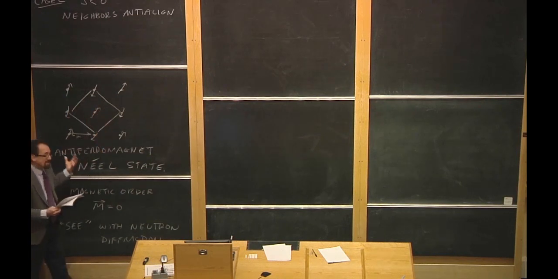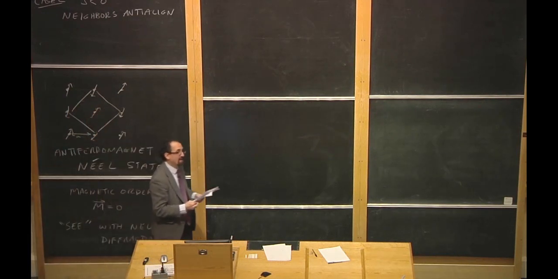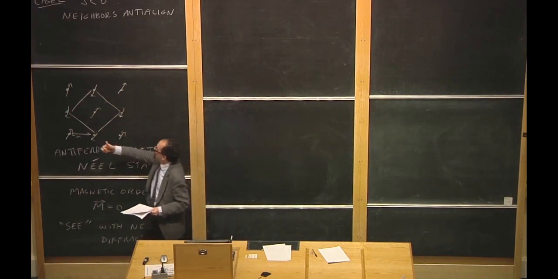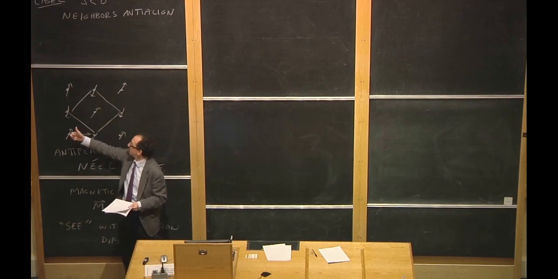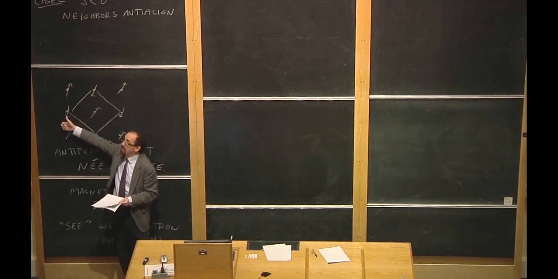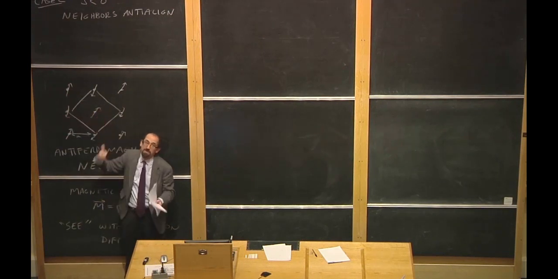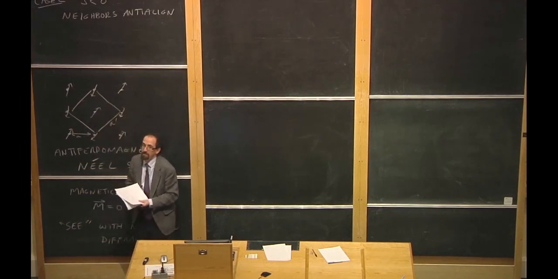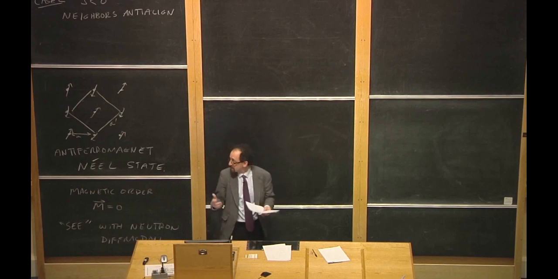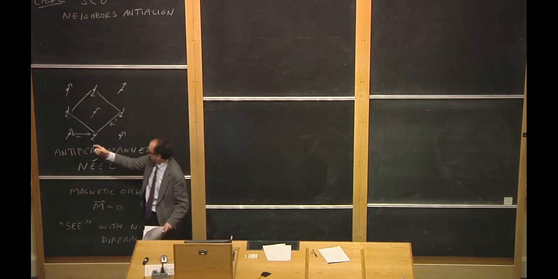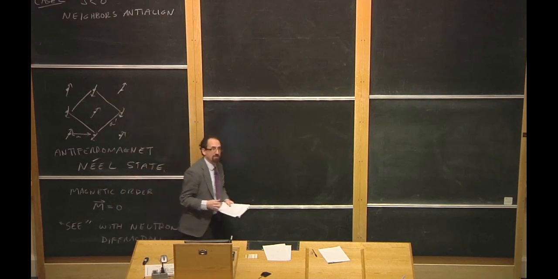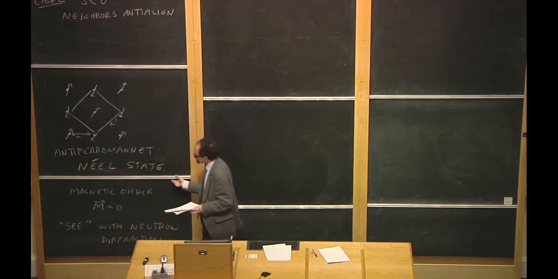And the reason that neutrons see an up spin as being different from a down spin is the neutrons themselves have spin, and if the neutron coming in is spin up, it will interact differently with this atom than with this atom because their spins are anti-aligned. So it sees a unit cell which is this big, a prime. So when you do your neutron diffraction experiment, you will see a different size of the unit cell when antiferromagnetism occurs. You get a bigger unit cell.